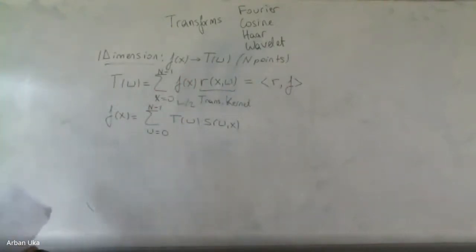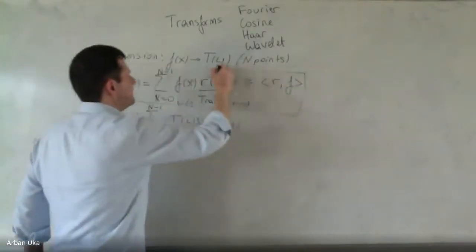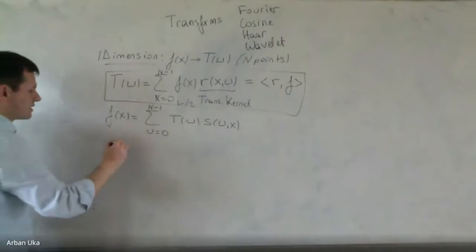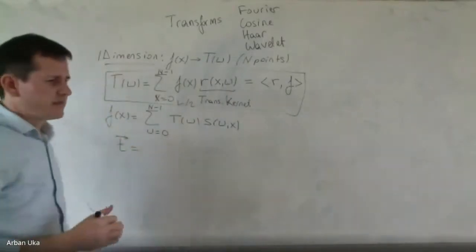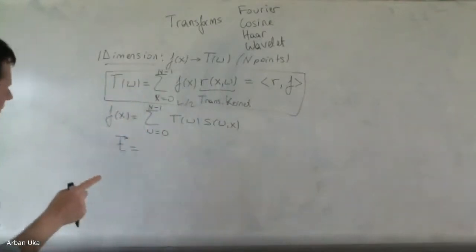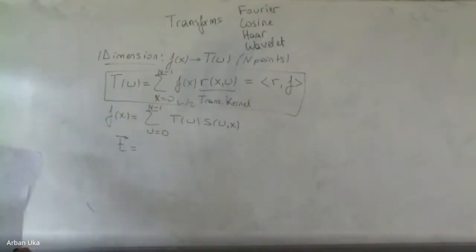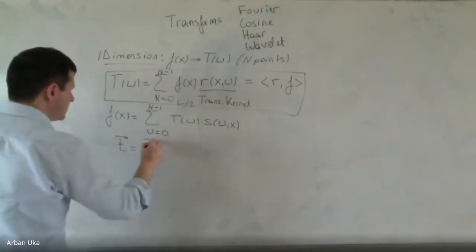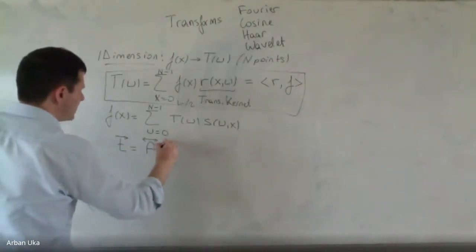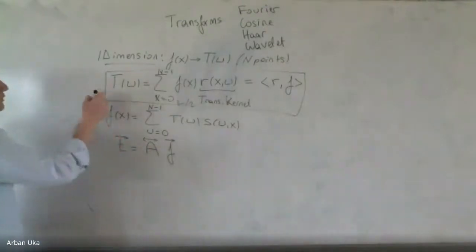Another way is that this whole T, which is a vector because it has an array of numbers, we can write as a matrix A times f, and f is also a vector. So this is equivalent to the first one.